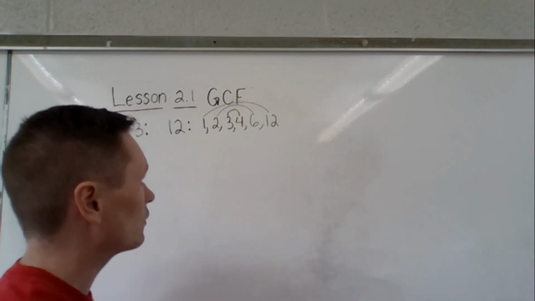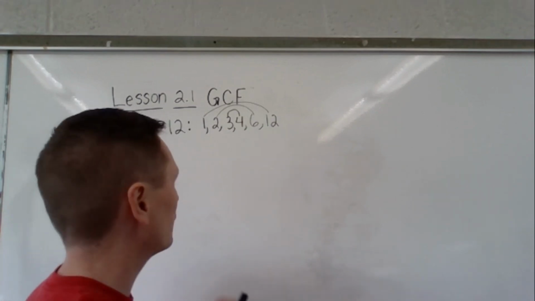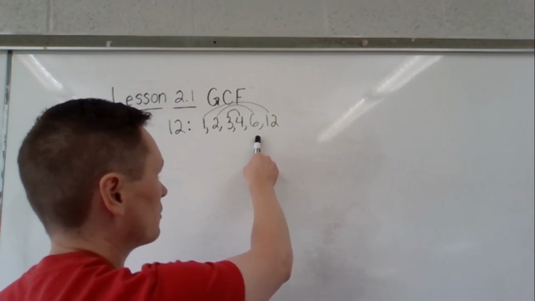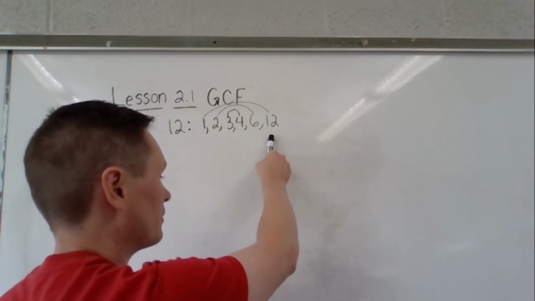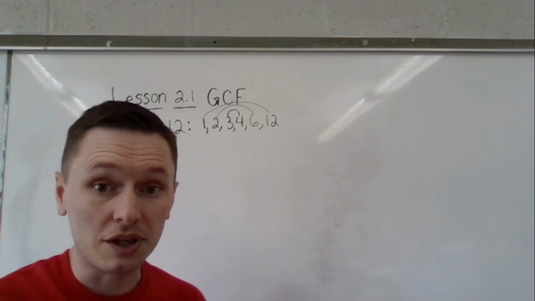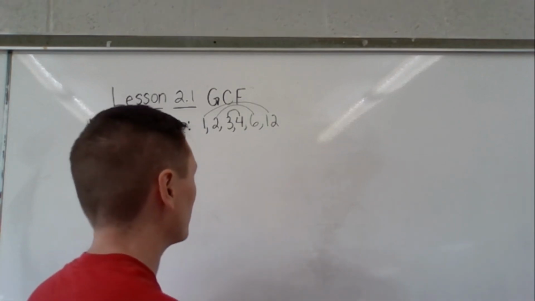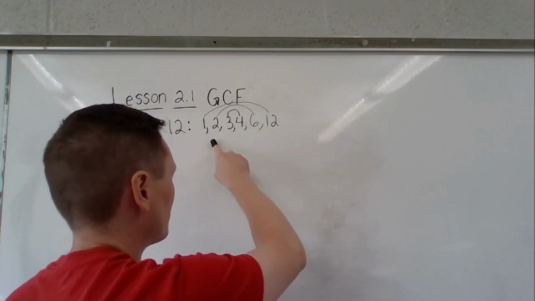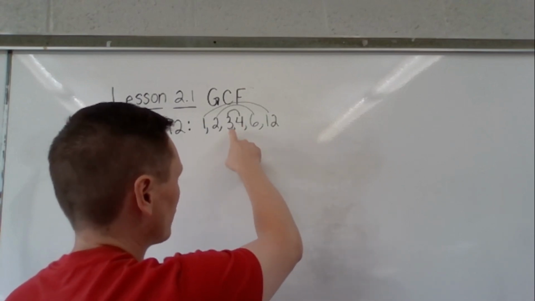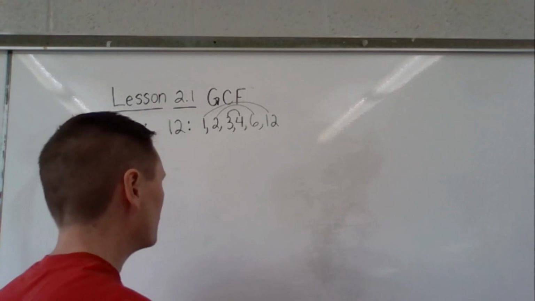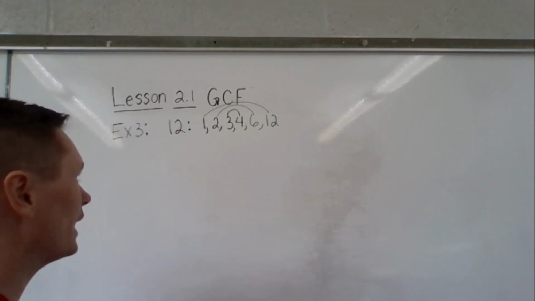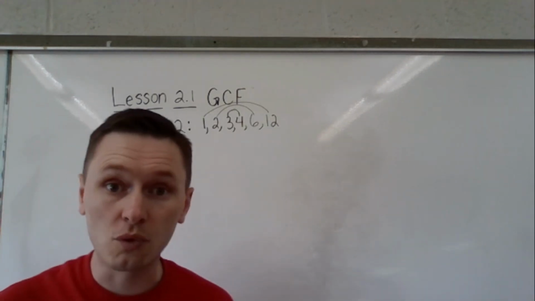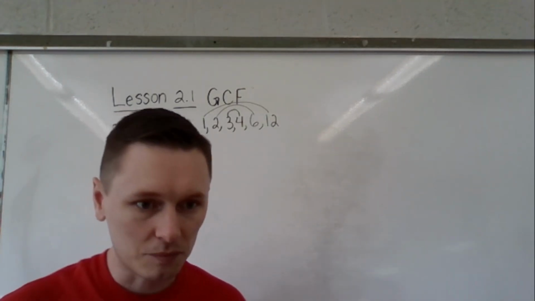So I now know that my factor pairs, 3 times 4 gets me 12, 2 times 6 gets me 12, and 1 times 12 gets me 12. And I can do the opposite way too, right? Because we said about that property, commutative property, 12 times 1 gets me 12, 6 times 2 gets me 12, and 4 times 3 gets me 12. So now that I know that, that can help me when I'm trying to find my prime factors for numbers in another problem.